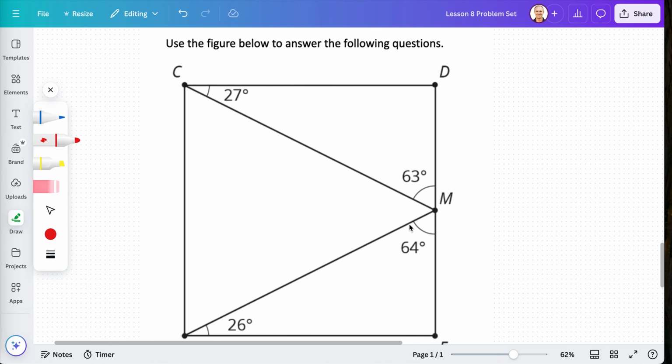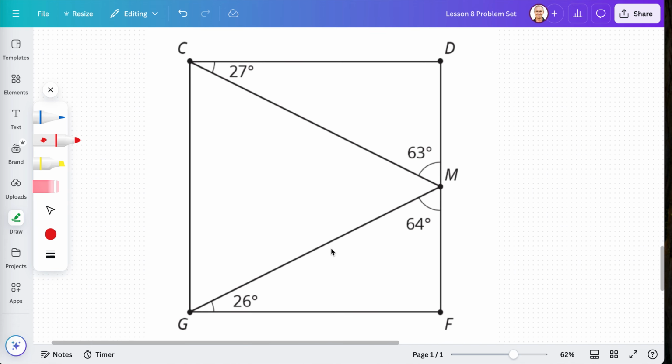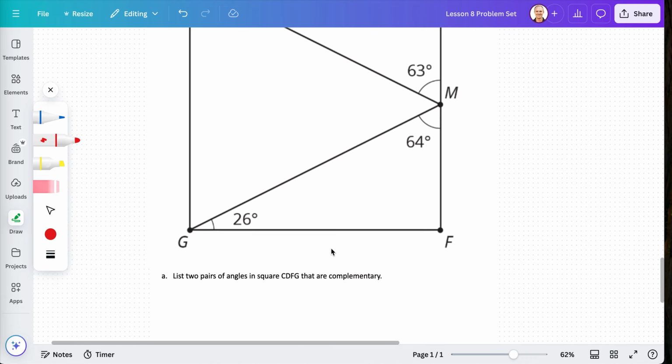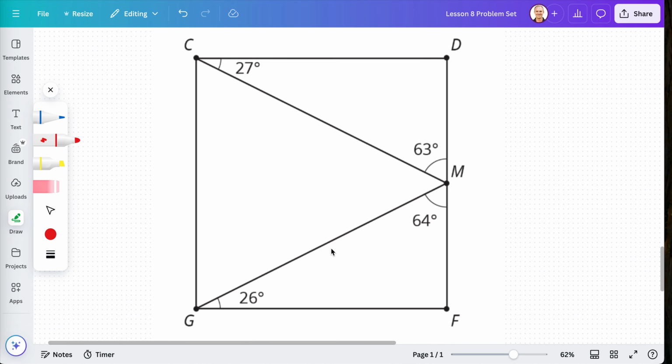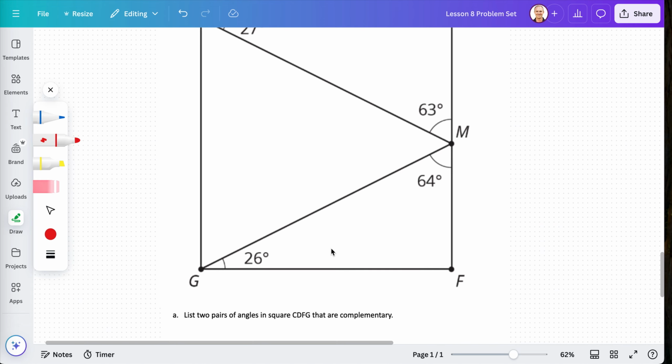So use the figure below to answer the following questions. List two pairs of angles in this square that are complementary. Can we find any angles that add up to 90 degrees? So let's just go for one pair. Well, here's a trick.